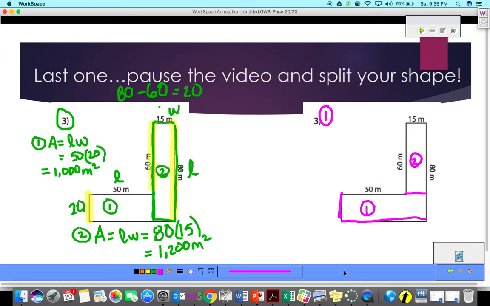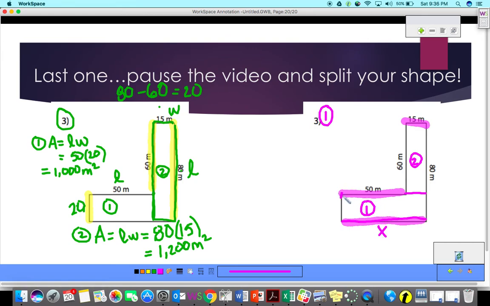This is going to make things a little more complicated. I need to find this measurement right here. So I'm going to go through what I know how to do. I know this side is parallel to this side and to this side. And so what I'm going to do now is think, okay, this x right here, is it the shortest or the longest?